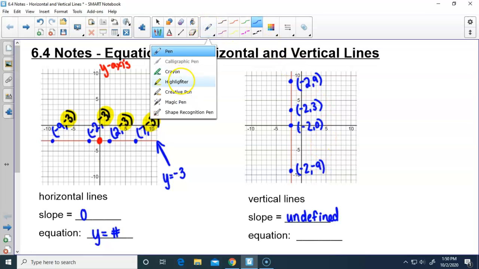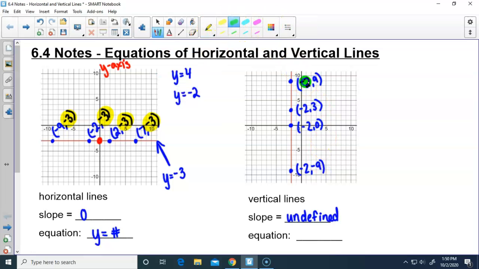And so you can see the same thing happening here where the x-coordinate is the same over and over and over again. So, in a vertical line, your equation is x equals some number. This particular line was x equals -2. Other examples of vertical lines would be things like x equals 7 and x equals 10 and x equals -1,423. Those are all vertical lines there.